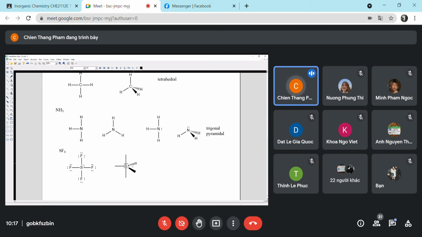So this one is sulfur in the center with 5 electron pairs, and one of them is a lone pair. So there is one lone pair from sulfur. In the remaining positions, you can draw the fluorine.